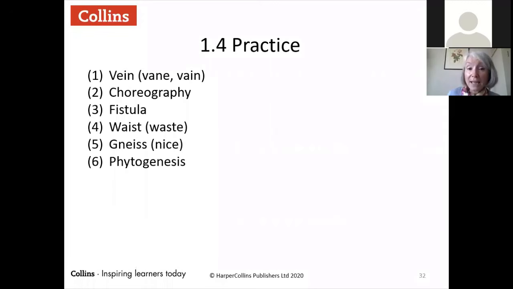And if you've done any work studying combining forms, you'll know that phyto is to do with plants and that genesis is to do with the origin and the beginning of things. And the etymology Greek tells you that it's PH and also that it's Y. So for a word like phytogenesis, you need the definition to give you some clues, and then you need the origin to give you the PH and the Y in that spelling.